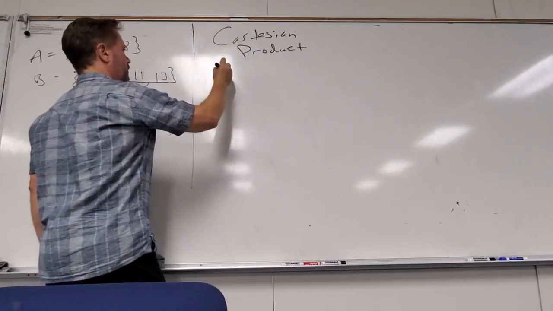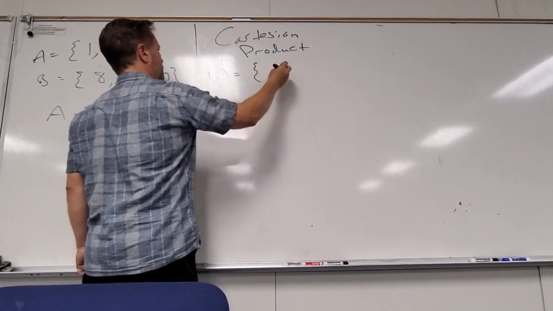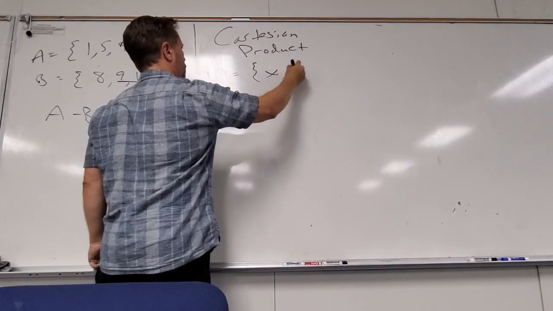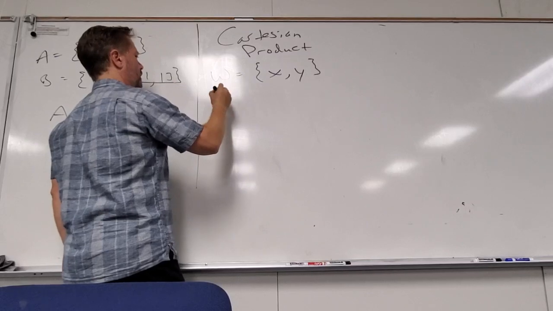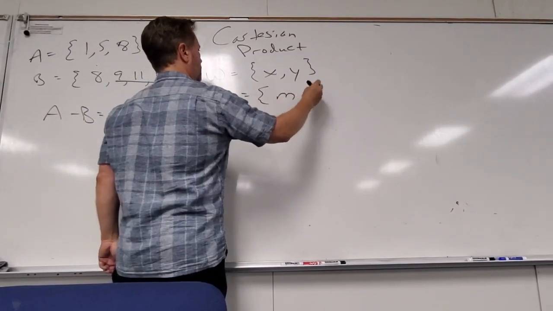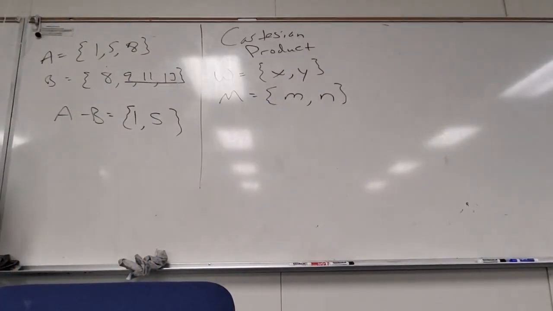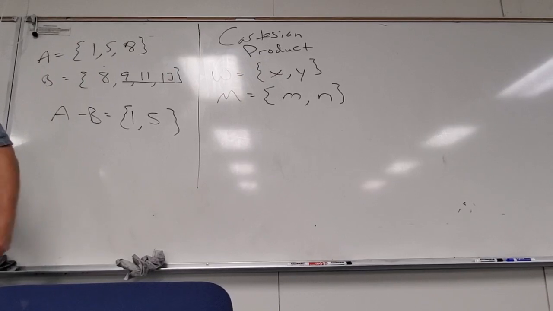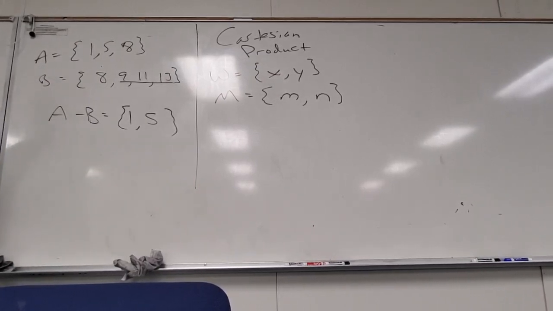That's a little long. Let me make some new ones. So let's say that set W is X, Y, and set M is M, N. The Cartesian product would just create all the points I could make where one is the first element and the other is the second element.